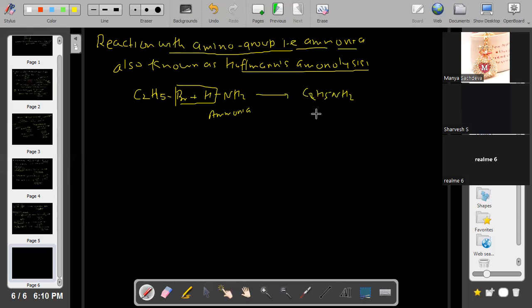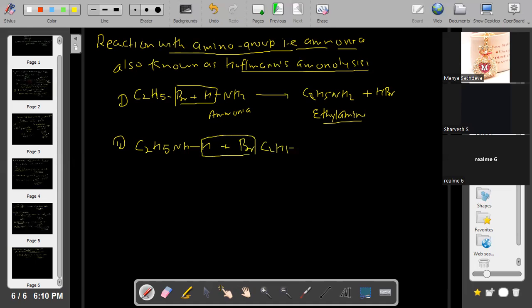C2H5NH2 is ethylamine, plus HBr. Similarly, again it can be C2H5 Br, and one more H. Similarly, you can write here also, and then again Br C2H5, this also with this.